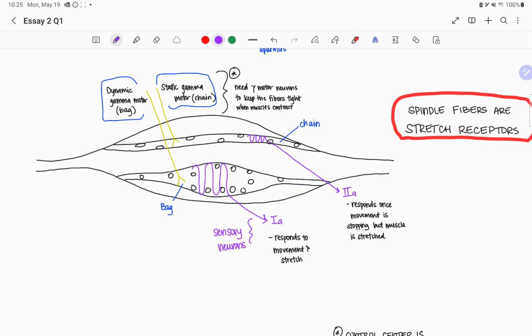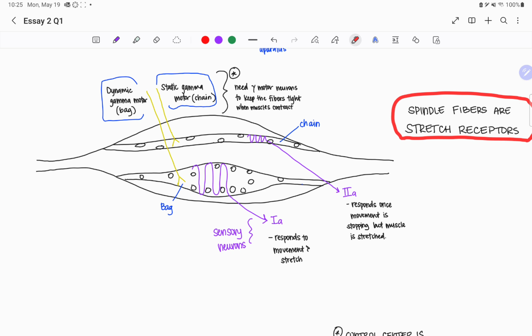Now there's some overlap in there. It's not exactly that way. Both are kind of firing, but you're receiving more information when you're moving from the 1A sensory neurons than the 2A. And then once you've kind of stopped moving, you're getting more information from the 2A. And that's letting your body know where your arm is in space. That's called proprioception. Okay.